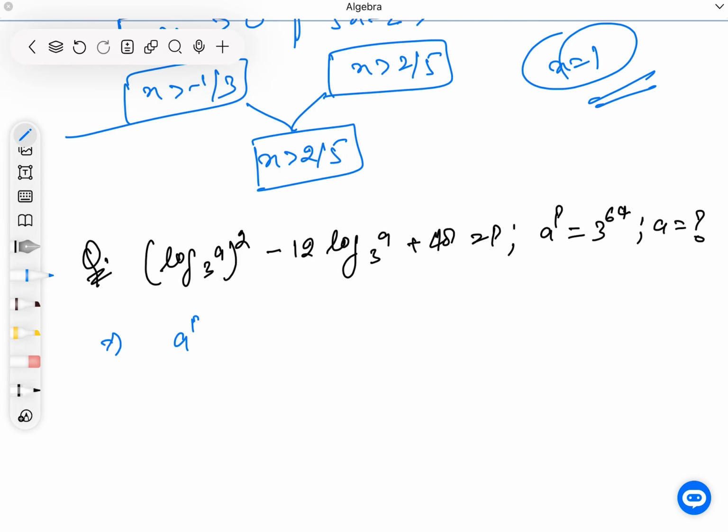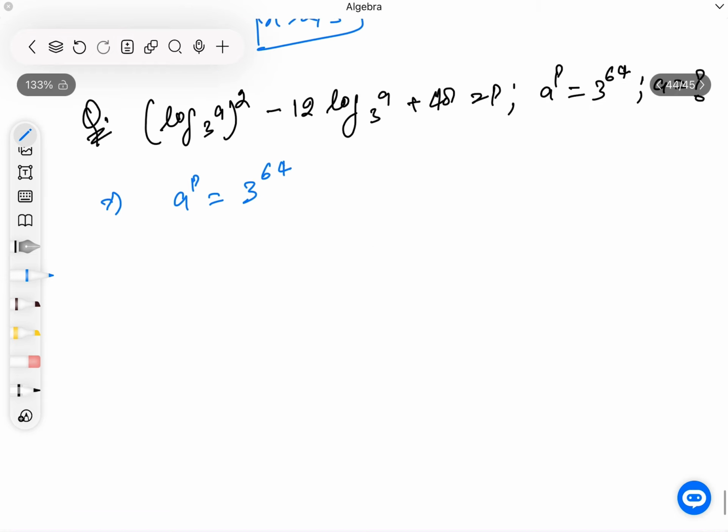You're given that 8 to the power p is 3 to the power 64. Let's take log on both sides. So log of p with a base a, or no, not like this. This won't be the right thing. So let's take base as 3. So log base 3 of 8 to the power p equals log base 3 of 3 to the power 64.